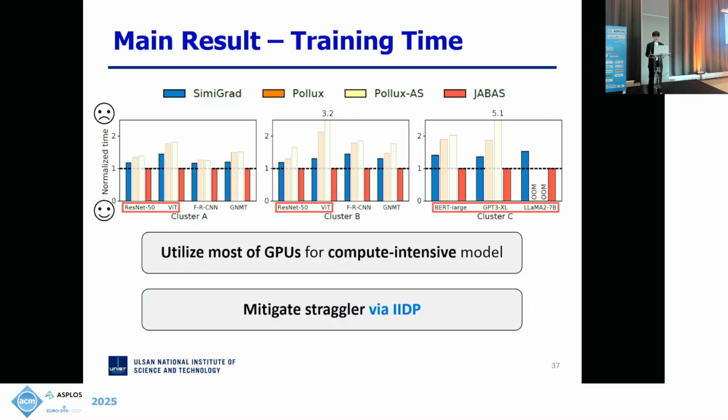ResNet and ViT are compute intensive and have small communication overhead. The 3 LLMs on cluster C are also compute intensive. For this characteristic of models, JABAS utilizes most or all of the GPUs from the beginning. In this case, the main performance improvement comes from mitigating stragglers via IIDP.